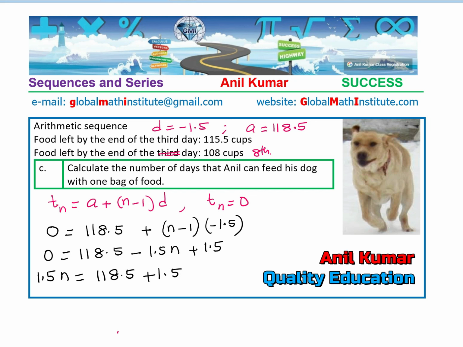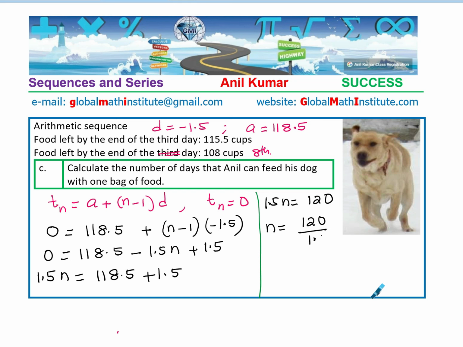And so the value of n is 120 divided by 1.5. So 120 divided by 1.5 should give you 80. So the number of days that Anil can feed his dog with one bag of food is 80 days. So for one bag, you can feed for 80 days.